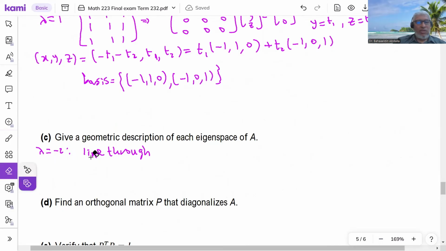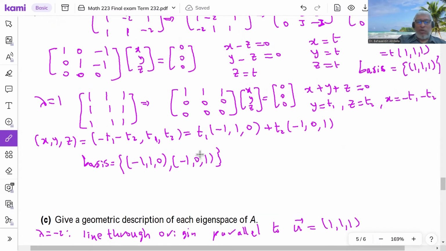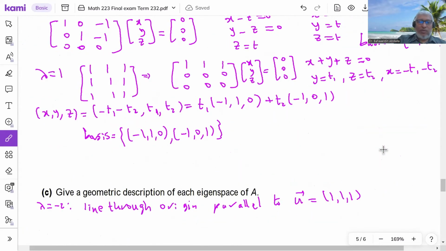We studied this in chapter 3. It is a straight line through the origin, parallel to the vector 1, 1, 1.